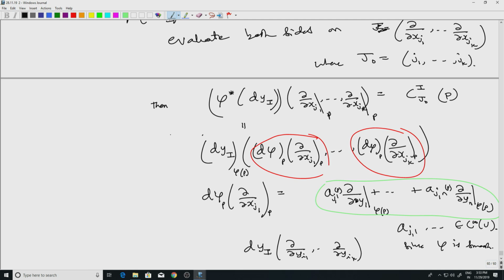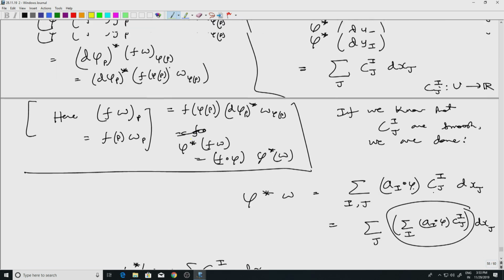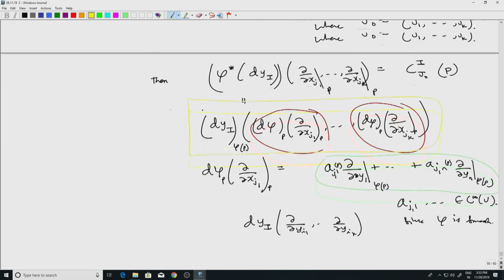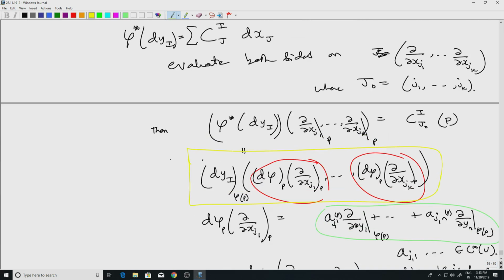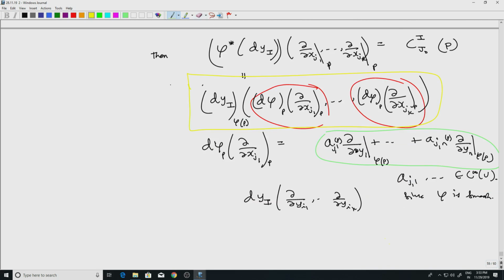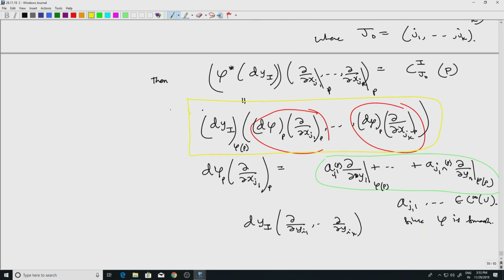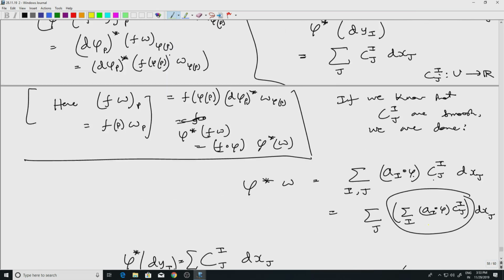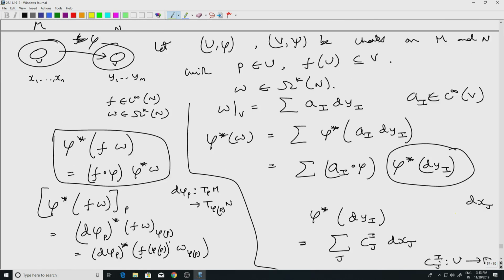So essentially this expression will be sums of products of these a functions. And since these are smooth, the overall thing is smooth. It looks a bit complicated, but it's nothing really. One is using multilinearity at every step. So that proves that pullbacks are smooth. That's all that we have done.